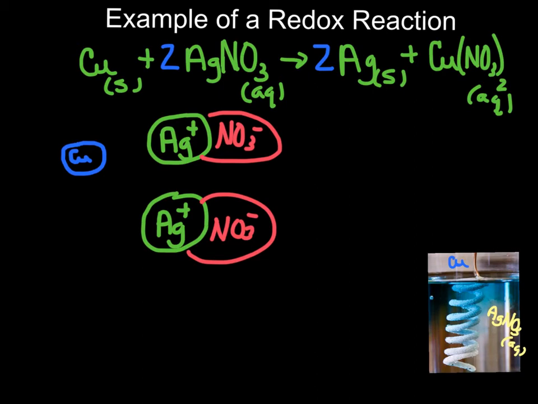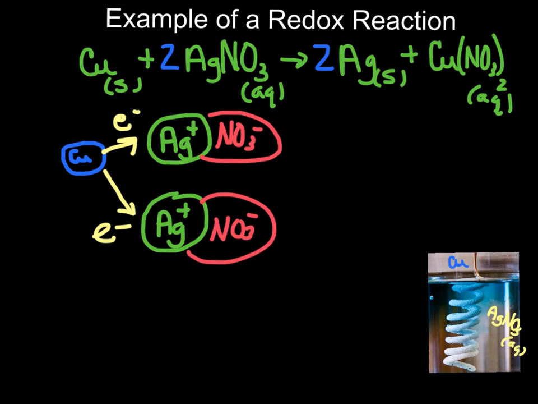What happens here is that the copper loses electrons. So here's your Leo. Copper donates 1 electron to the silver here and 1 electron to the silver here. So copper is Leo. He loses electrons, he's being oxidized.